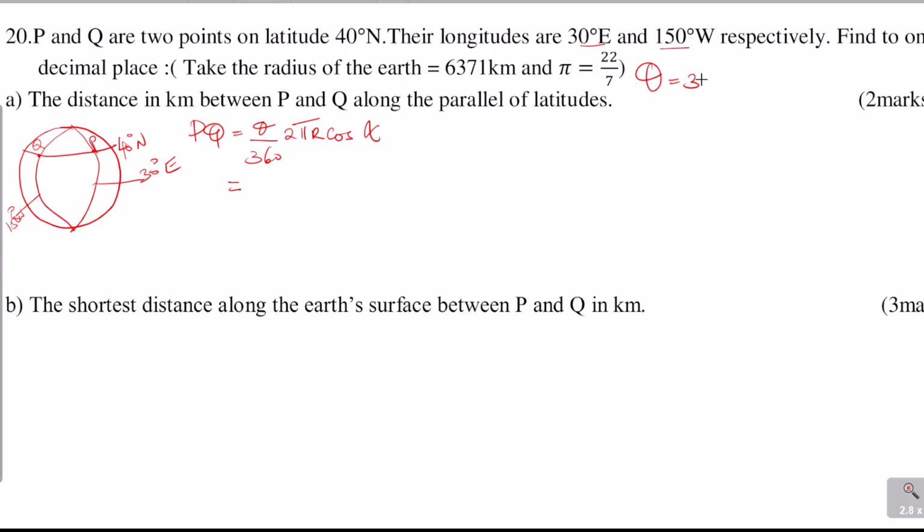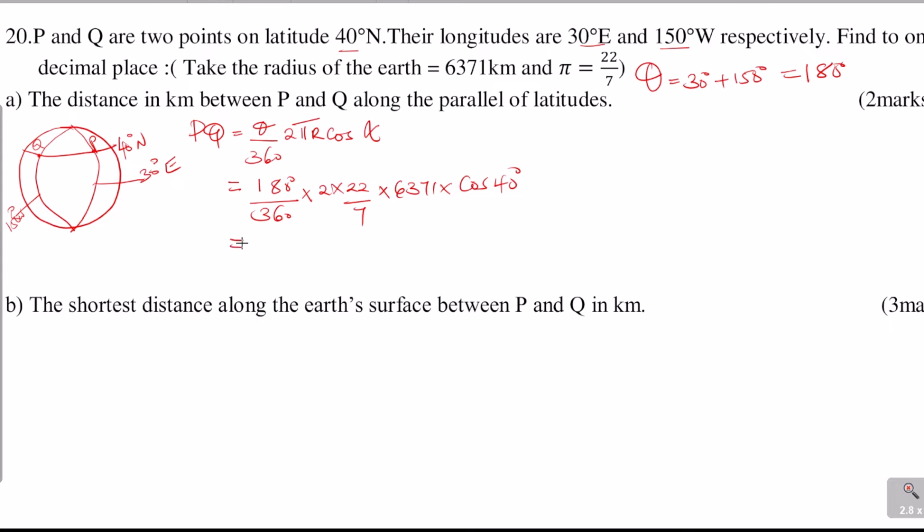So the longitude difference will be 30 plus 150, and this gives 180. So 180 degrees is the longitude difference divided by 360, then multiply by 2 times pi times the radius of the earth, which is given as 6371, times the cosine of the latitude angle, 40 degrees.